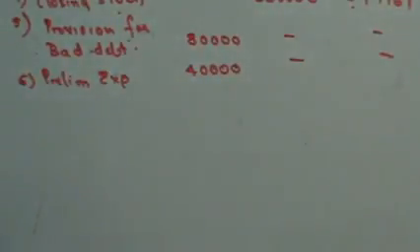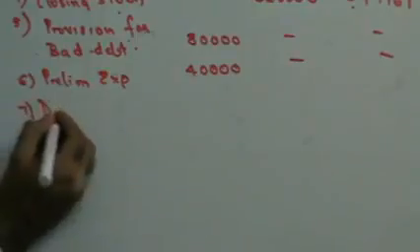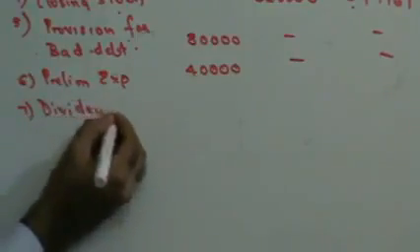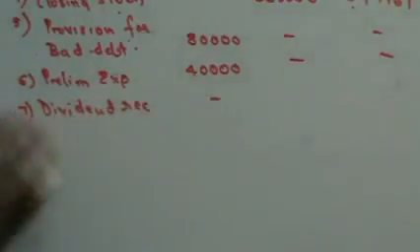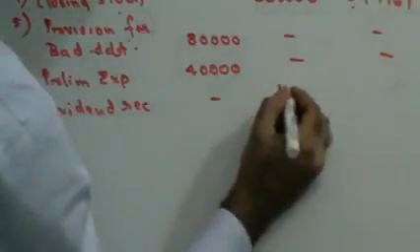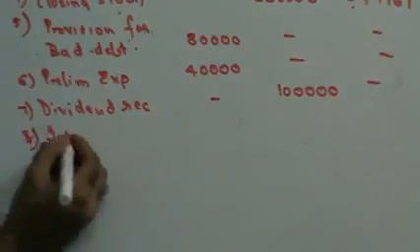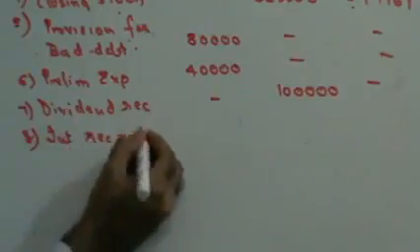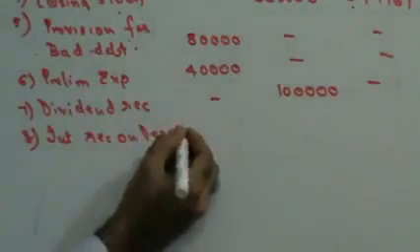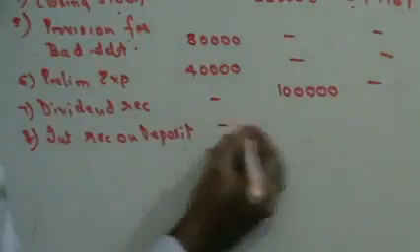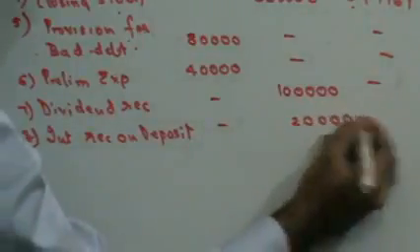Then you have dividend received. Dividend received is 1 lakh. Then you have interest received on deposit. Interest received on deposit is 20,000.